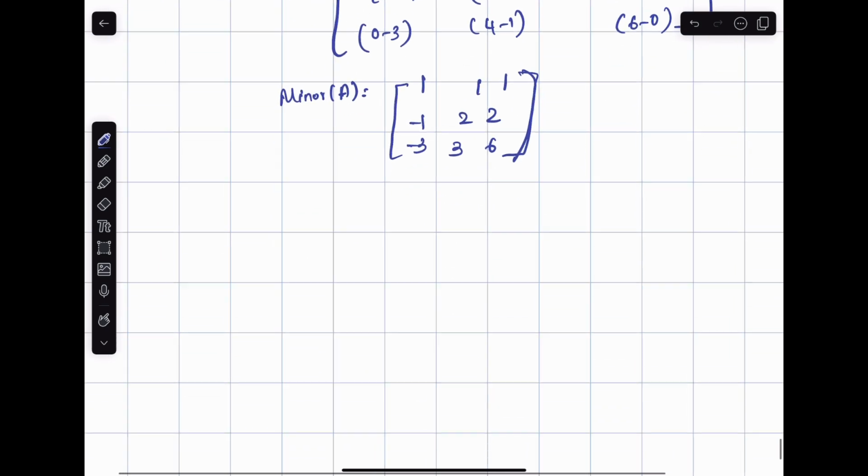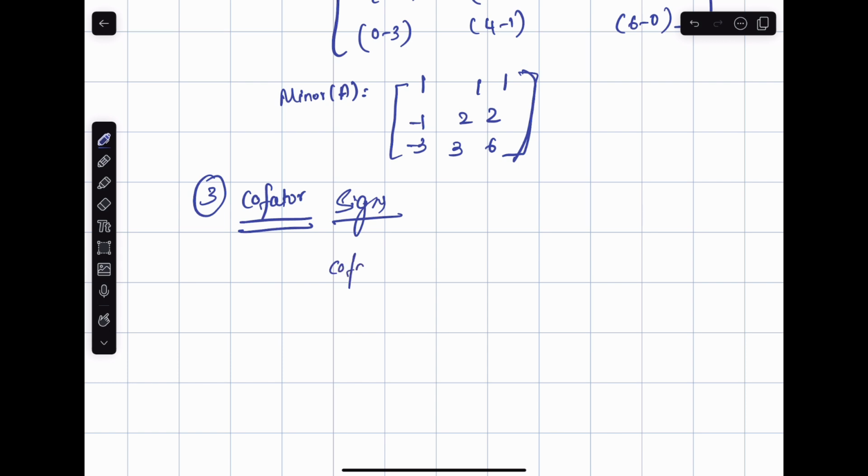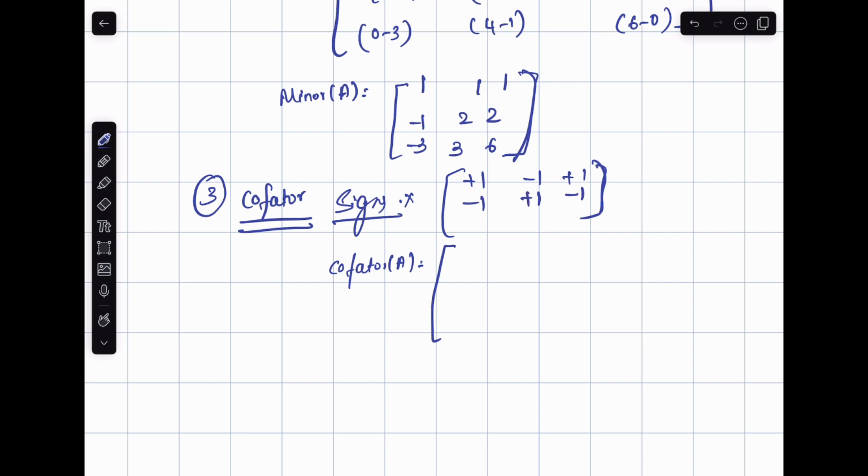Now the third step is finding the cofactor. Cofactor is nothing but you are trying to change the signs, or if I say precisely, you are multiplying the matrix. So if I want to find the cofactor of A, then you are just multiplying the matrix by plus 1 minus 1 plus 1, plus 1 minus 1 plus 1, and whatever the plus sign is there, below that you will always write minus, and if a minus is there, you will write plus below.